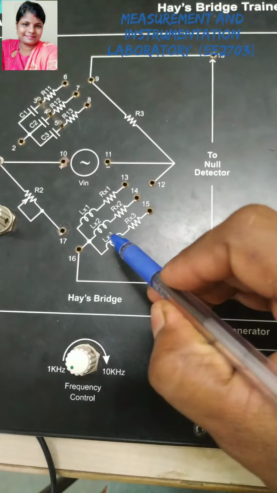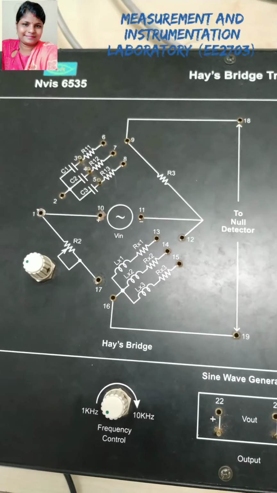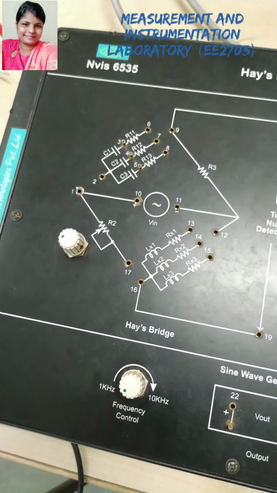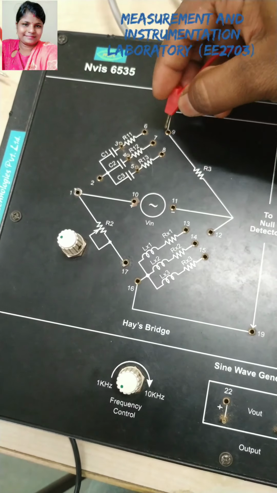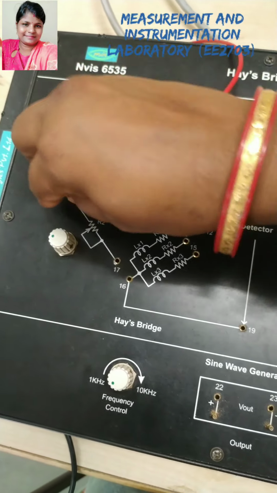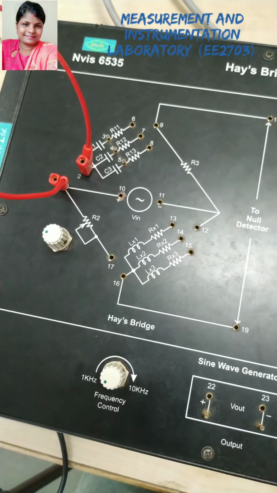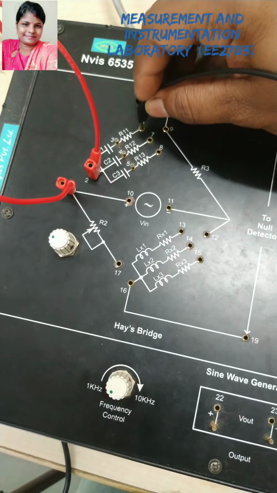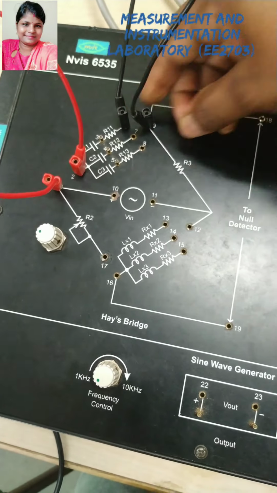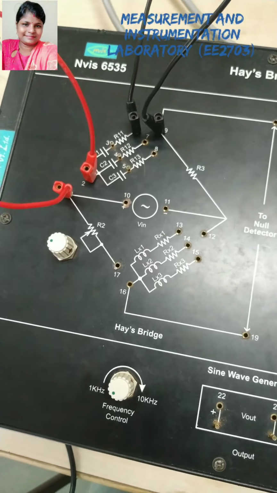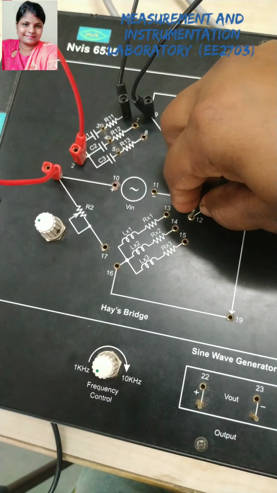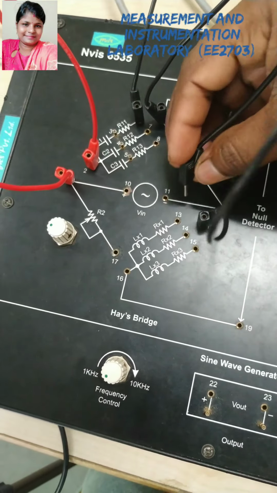For calculation of LX2 and RX2, first we have to connect the patch cord between 1 and 2. Next take another patch cord, connect 6 and 9, and take another patch cord, connect between 12 and 14.